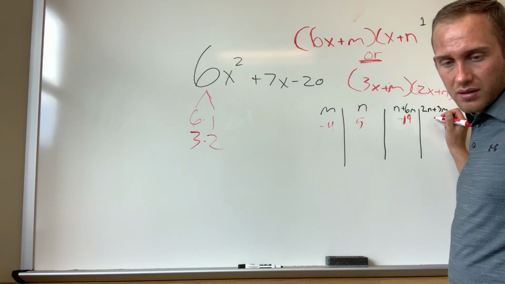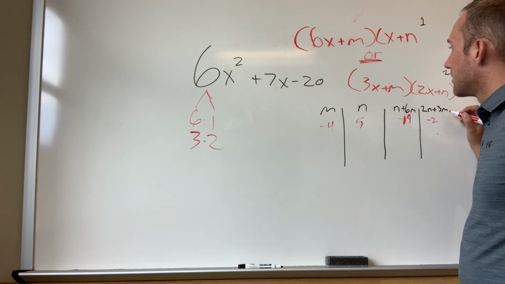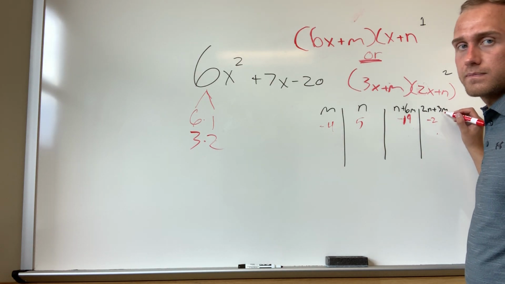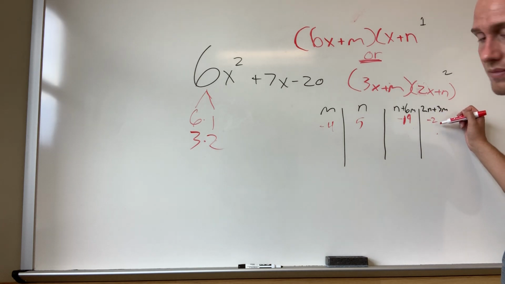And this one right here is equal to 2, because that's -12 and 10, and adding those together is -2.